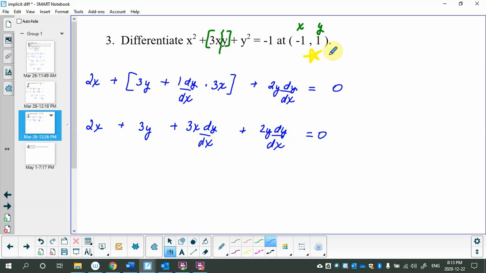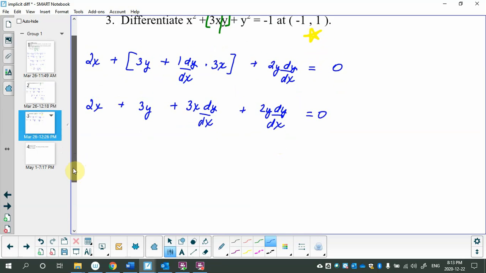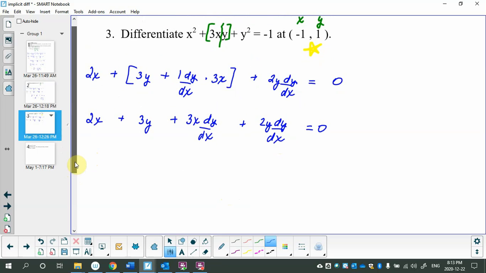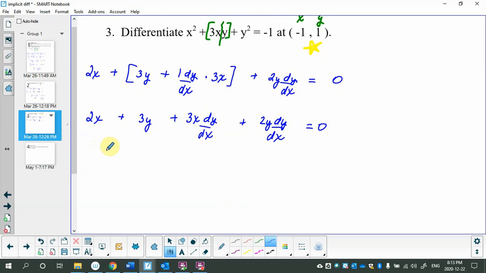But why would I do that when I have numbers that I can plug in for x and y and do a little bit of arithmetic, which might actually be a safer approach? So everywhere I see an x, not a dx, but an x, I get to put in a negative 1. And everywhere I see a y, I get to put in a 1. So here's another x, negative 1. dy by dx stays dy by dx, because really that's what we're after.